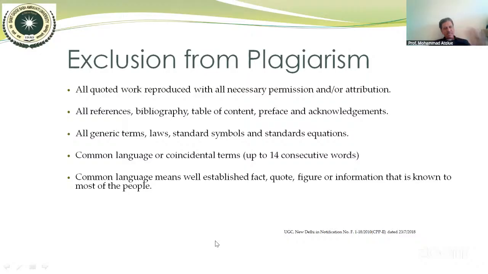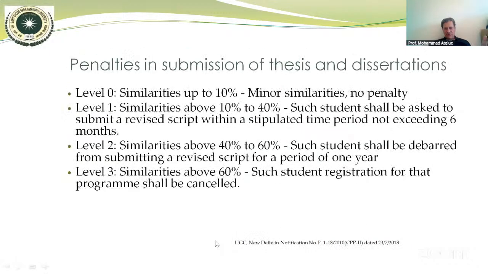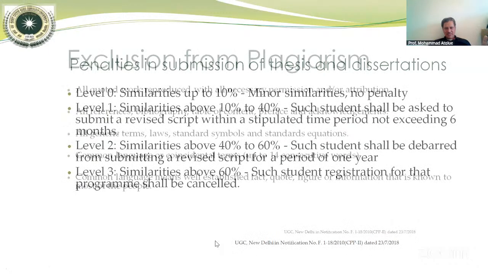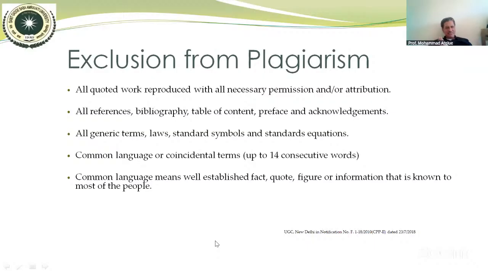Common language or coincidental terms, up to 14 characters, but there is a limit, not more than 14 characters. If it is more than 14 characters, it will be flagged, but if it is less than 14, then it is acceptable. Common language means well-established facts, quotes, figures, or information that is known to most people. So this is typically excluded from plagiarism.